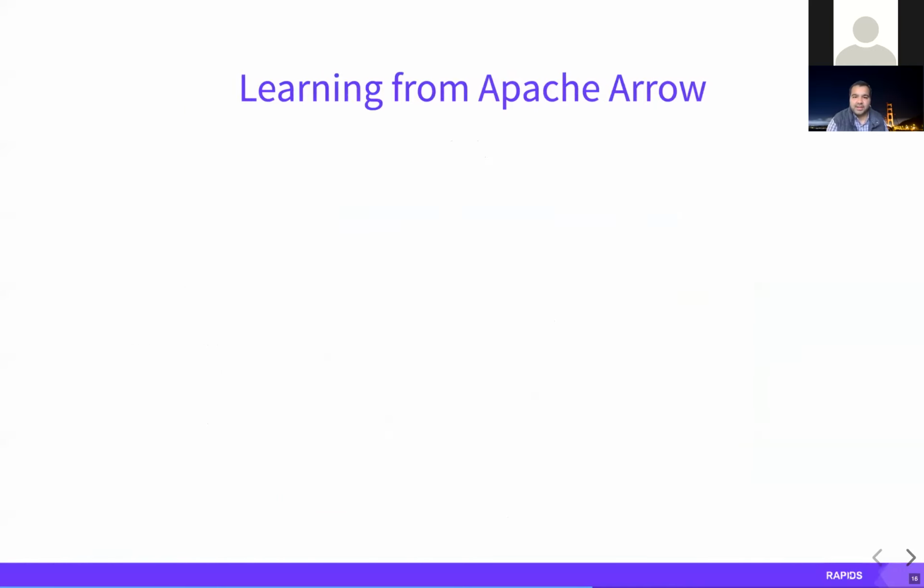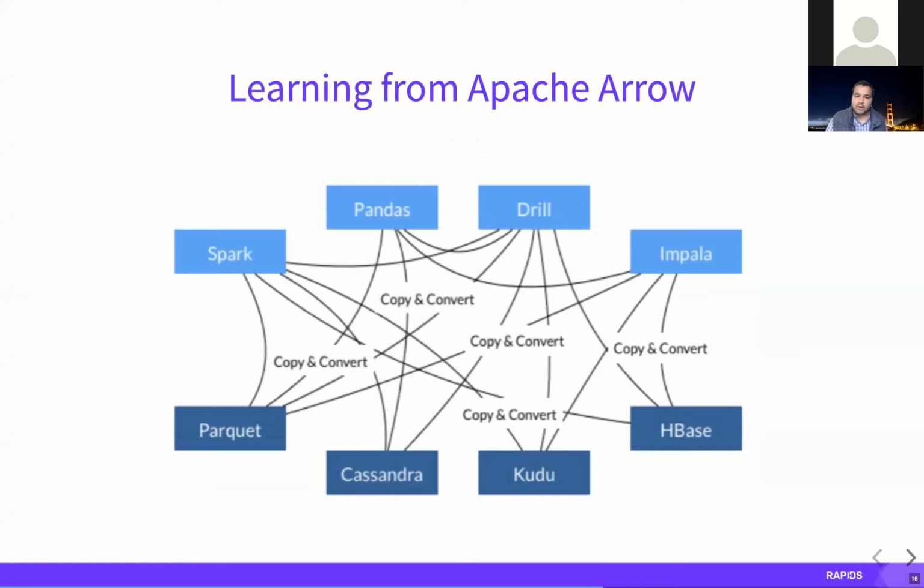So that's exactly where another big contribution from the big data community that inspired Rapids a lot was around Apache Arrow. The idea was that existing big data libraries have to do these copy and converts to talk to each other all the time, because each of these libraries has its own data standard. There is no common data standard that every one of them adheres to.